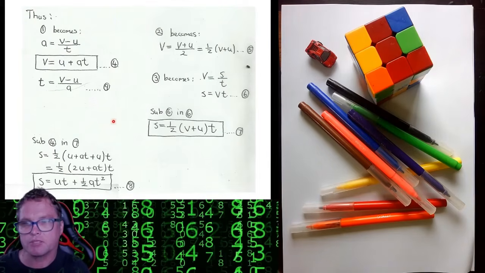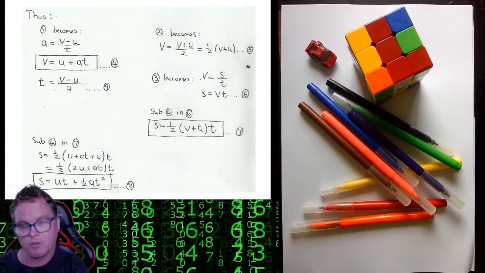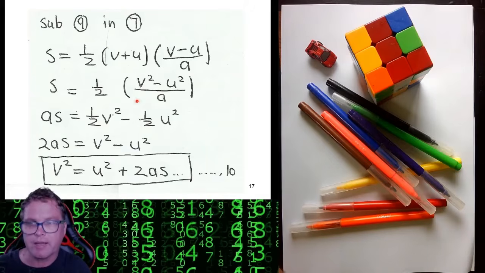To find our final expression, we substitute equation 9 into equation 7. You can see 9 is an expression for t. So instead of this t in equation 7, we write (v minus u) over a. We make that substitution, and now we have s is equal to half this product here.